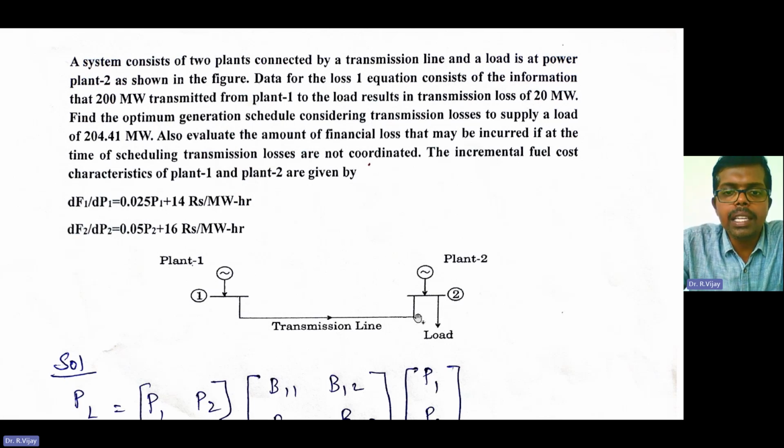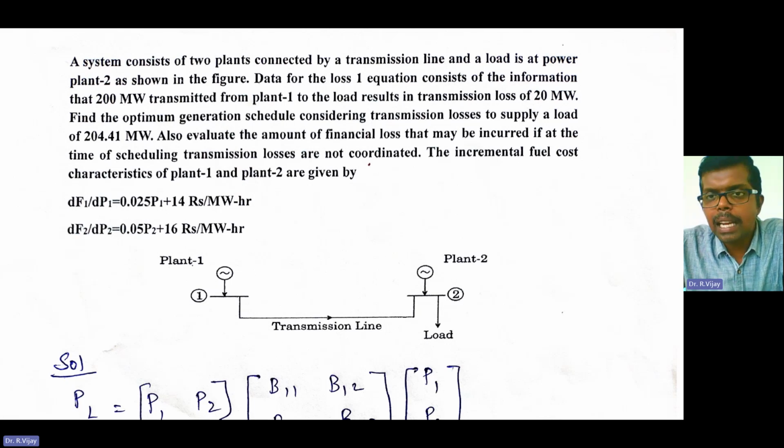And usually there will be some transmission line losses because plant 1 and plant 2 are connected with a transmission line. Say, for example, it is some n kilometers. You take the numbers, whatever you want, but there might be some loss factors involved in this transmission line.